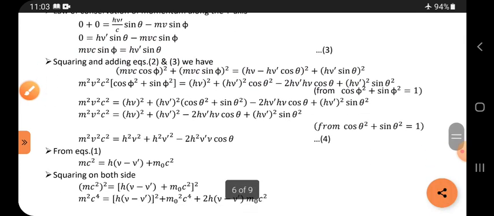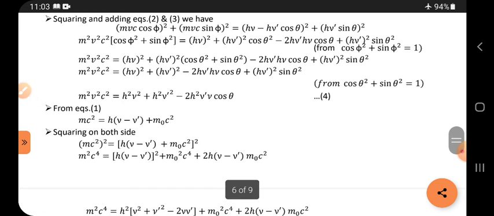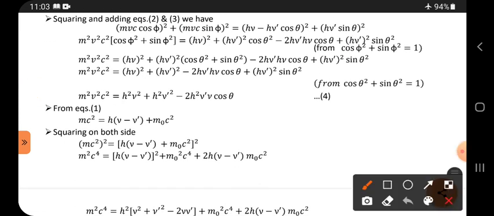Now it is a whole square, and here also a whole square we have. Then the square can be applied to the mvc also, and cos also. Here also the same thing.